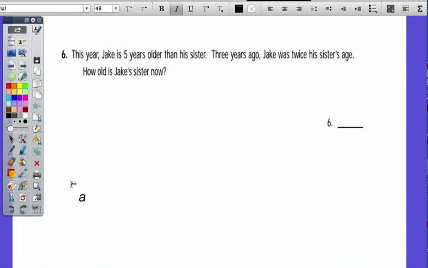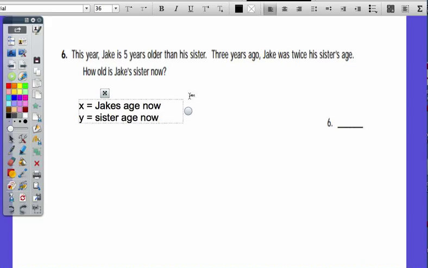All right. So I'm going to let x equal Jake's age now, and I'm going to let y equal sister's age now.